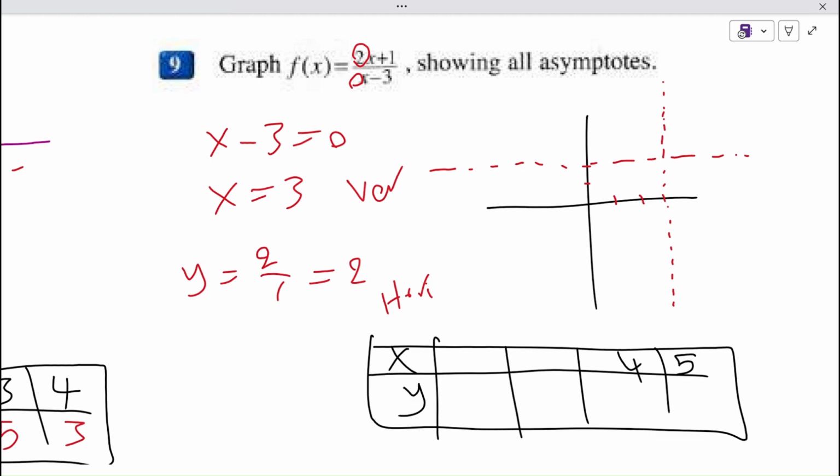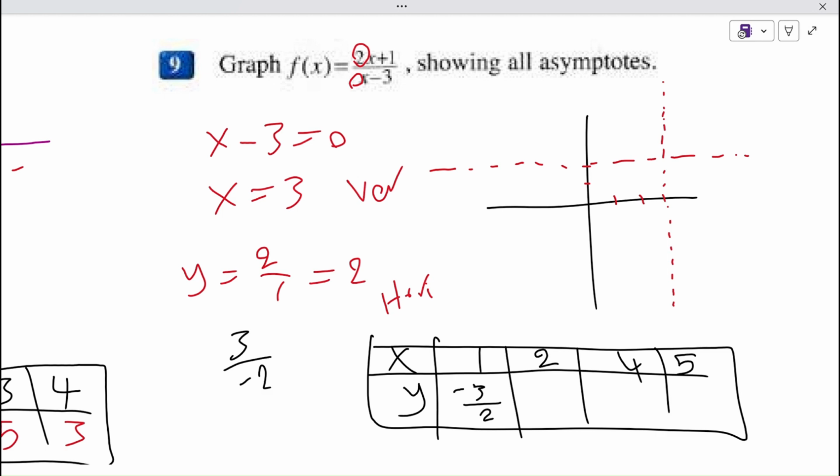If you put 4 in this function, 2 plus 1 is equal to 3, sorry, then 3 over 1 minus 3, which is minus 2. This is 3 over minus 2. Then if we put the number 2 instead of x, again we will get a number.